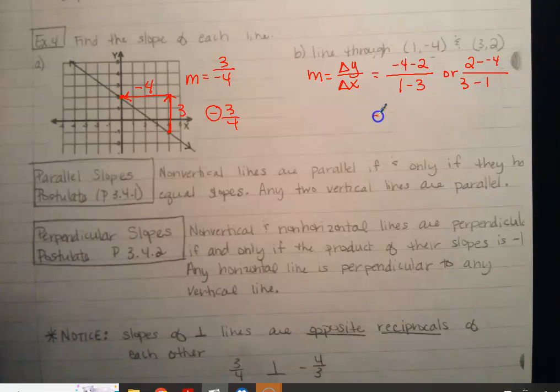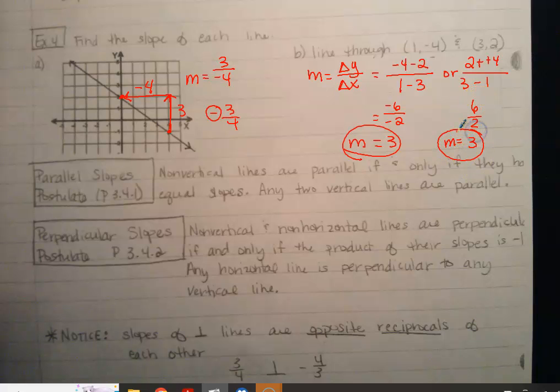All right, so either way, let's check it out. If we do the first strategy, -4 minus 2 is -6. 1 minus 3 is -2. They both have a negative, so it's positive. So the slope is equal to 3. If I do the other way, where it's y2 minus y1, x2 minus x1, 2 minus -4 is a positive, so that's 6. 3 minus 1 is 2. 6 divided by 2 is 3.